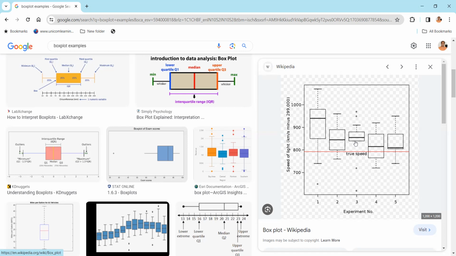So we would go with experiment number 4. Mostly experiment number 4 is the one giving us probably more accurate results, closer to the true speed of light.